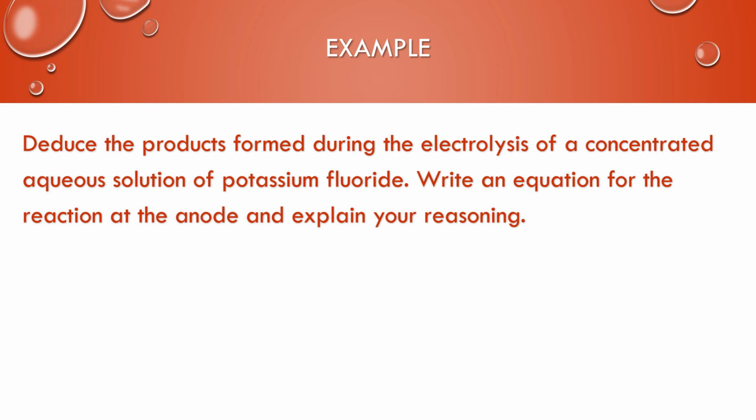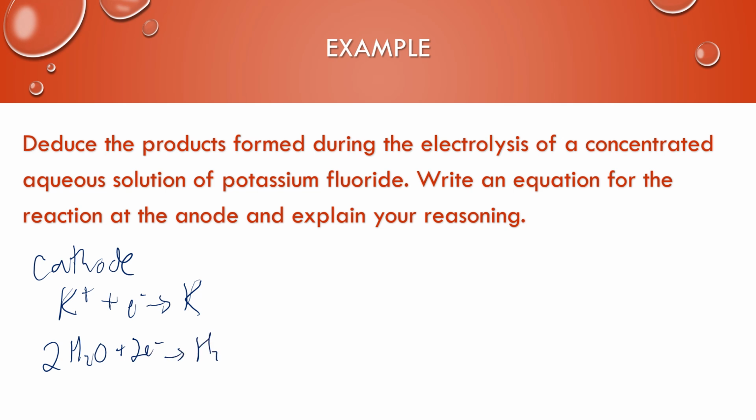Okay, so we need to figure out the products formed during the electrolysis of a concentrated solution of potassium fluoride. I like to start with the cathode. We've got 2 options, the potassium ions going to solid potassium, or the water forming hydrogen gas.